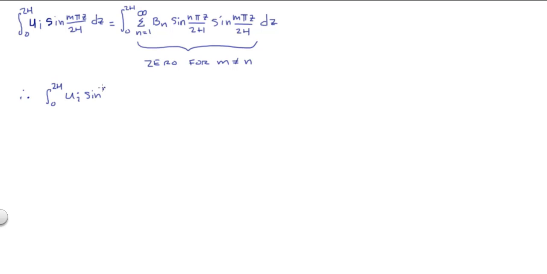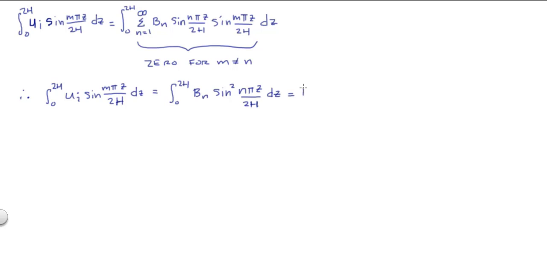Therefore, we get the integral from 0 to 2h of u_i sine of m pi z over 2h dz is equal to, now we can remove the summation because it's 0 for all m unequal to n. Therefore, there's only one term in the series for which the expression is non-zero, and that's the integral of sine squared n pi z over 2h dz.